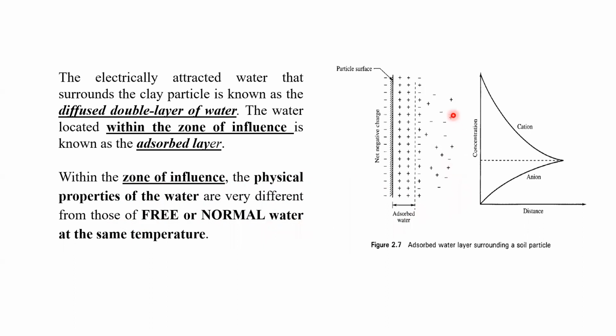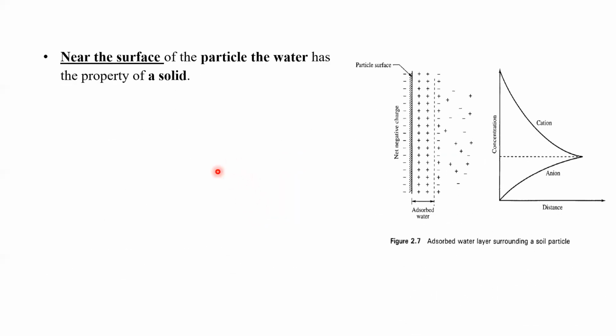If you go to this side, you will get the free water or normal water. Let us see further. Near the surface of the particle, the water has the property of a solid. Along the surface of the clay particles, many layers of water molecules are there, electrically attracted with high bonding.